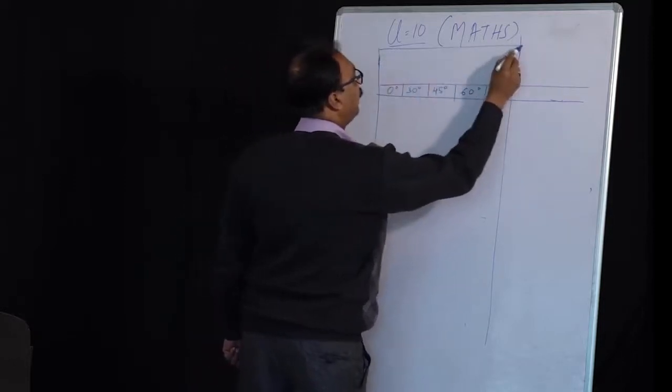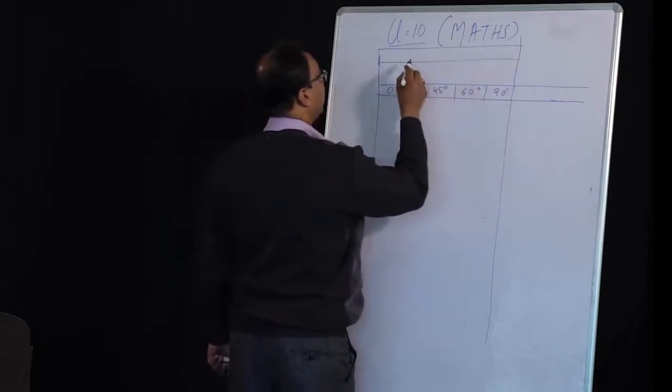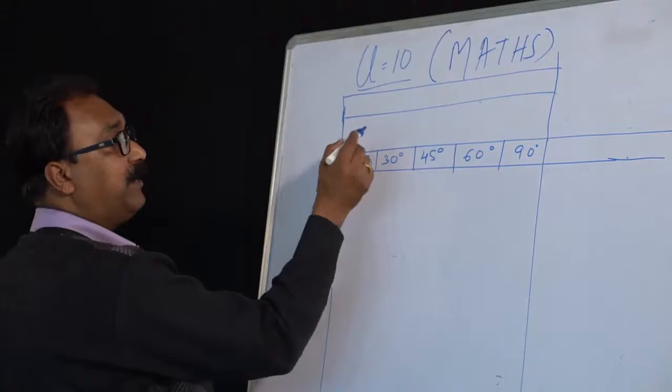So every one, if I consider this is 1, all the parts you are dividing by 4.